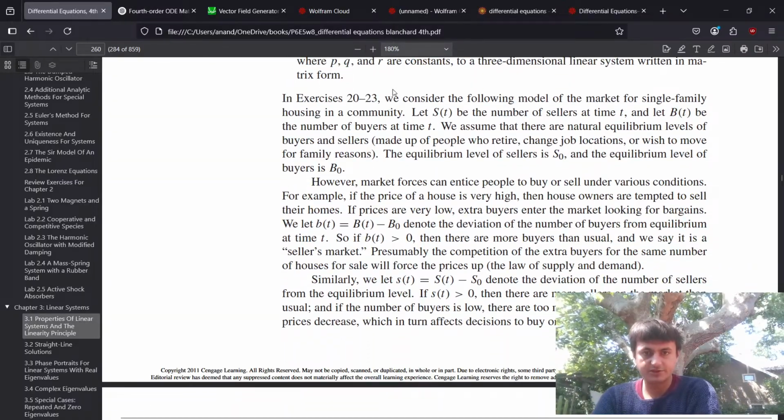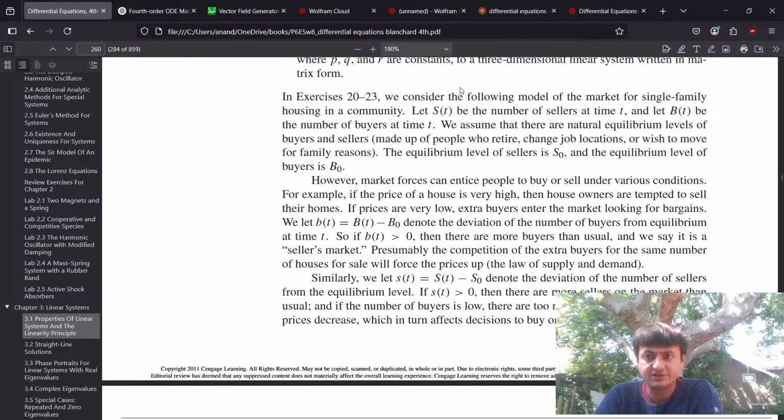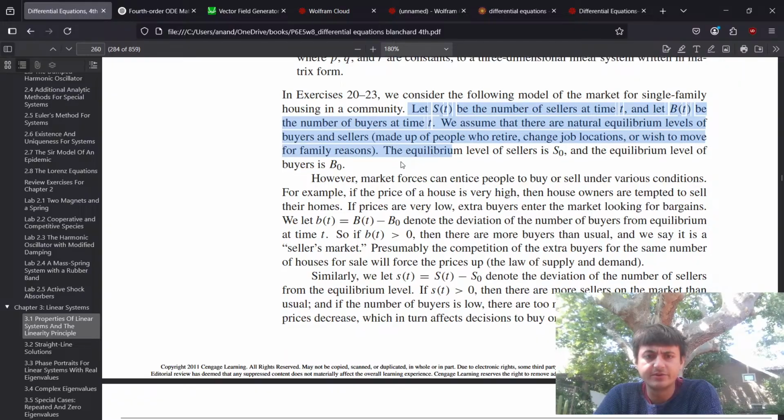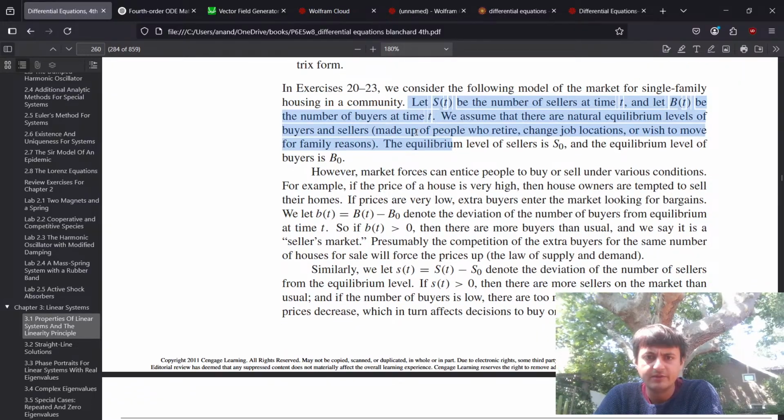In exercises 20 to 23, we consider the following model of the market for single-family housing in a community. Let S of t be the number of sellers at time t and B of t be the number of buyers at time t. We assume that there are natural equilibrium levels of buyers and sellers, made up of people who retire, change job locations, or wish to move for family reasons.